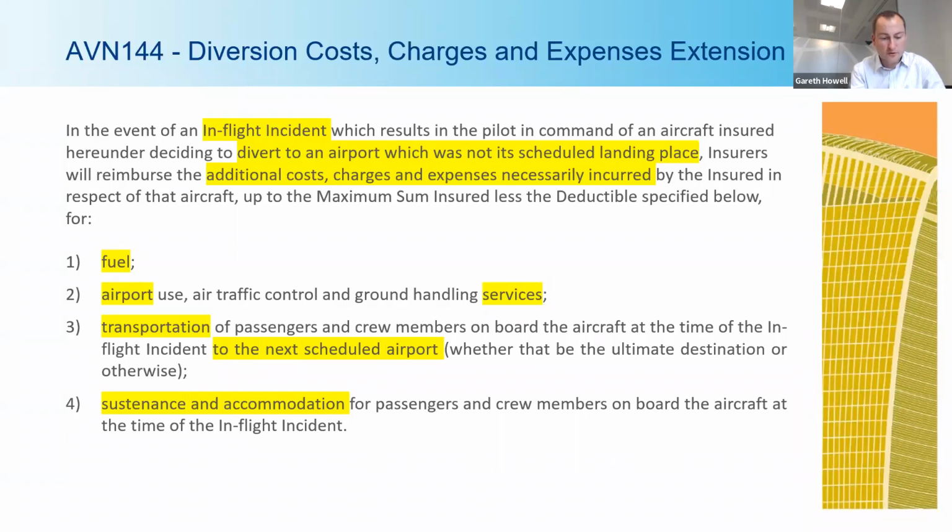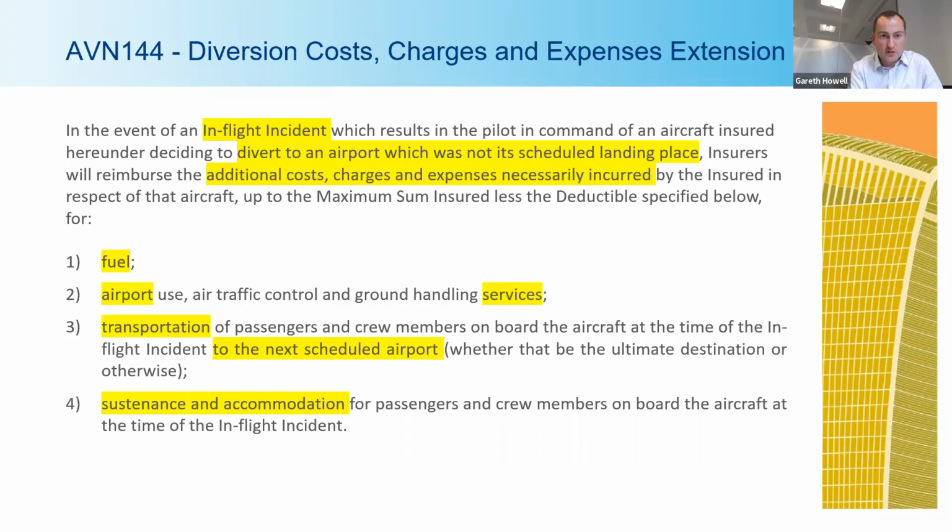And AVN 144 is intended to address the variations that have been found within clauses in the market. And typically you're going to find this applied on an airline risk or another risk with commercial passenger transportation exposures.